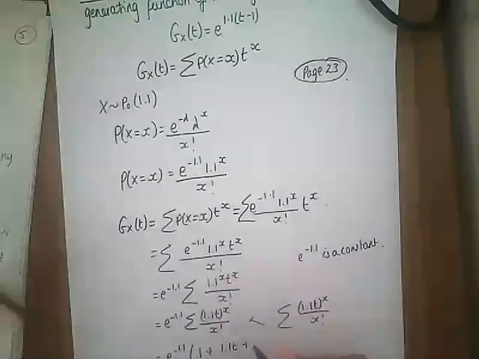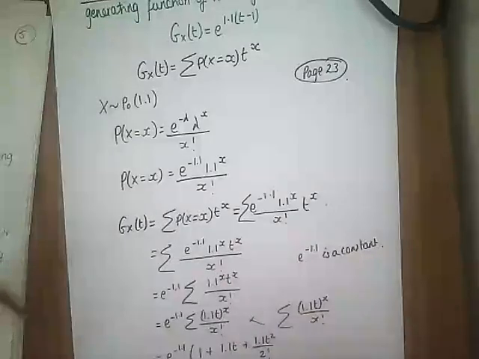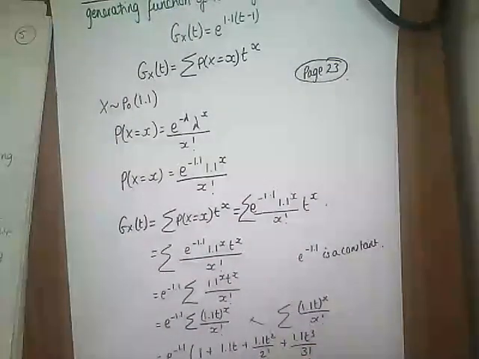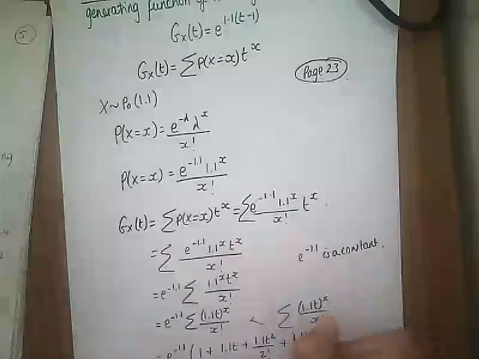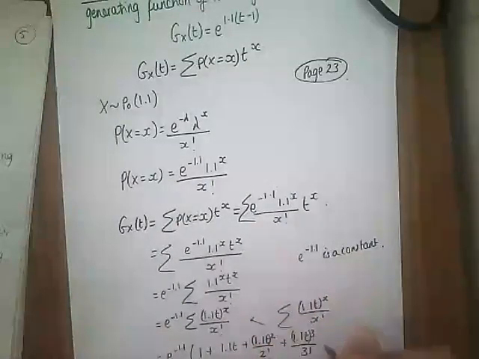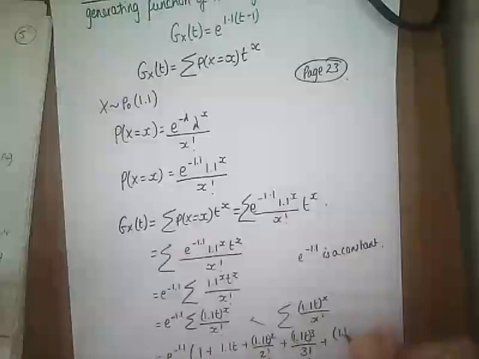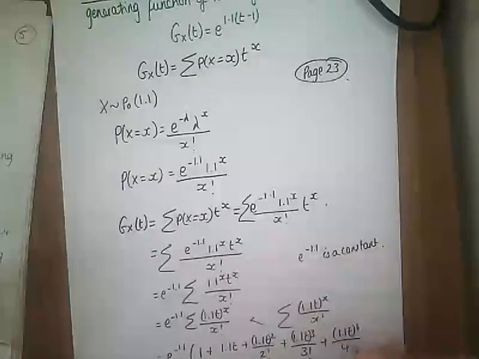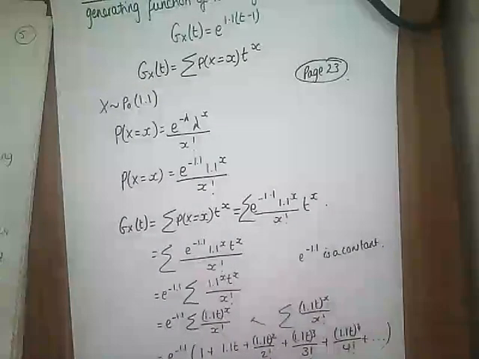Then I'd have (1.1t) squared over 2 factorial, plus (1.1t) cubed over 3 factorial, etc. I'm really sorry, I should have put those in brackets. Plus (1.1t) to the 4 over 4 factorial, dot, dot, dot. I hope you can see that.